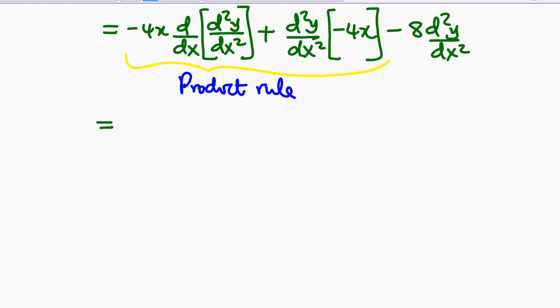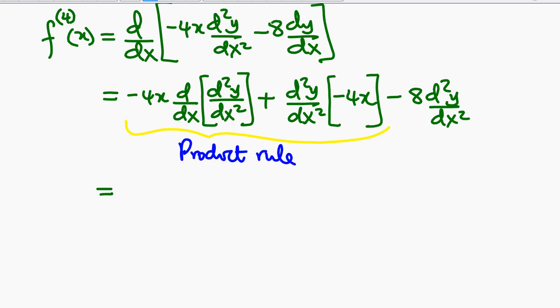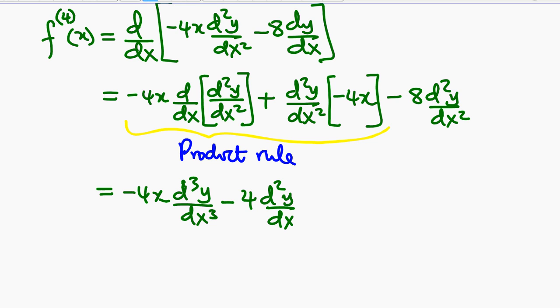Now remember, this one here is just product rule. So what we shall end up with is negative 4x d3y over dx3 minus 4 d2y over dx2 minus 8 d2y over dx2.